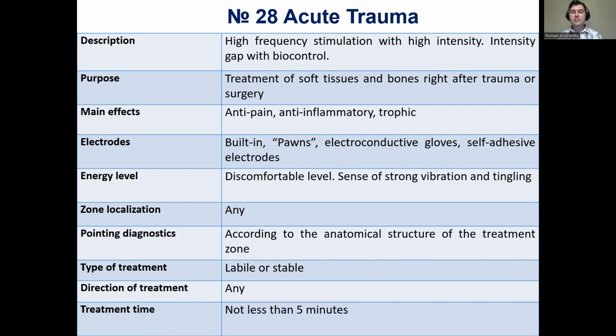And this is the preset where we use really high levels of energy. This is something that you may want to combine with high levels of intensity. Any zone, depending on your trauma, labile or stable electrode, any direction of treatment, but not less than 5 minutes until you see the positive dynamics.